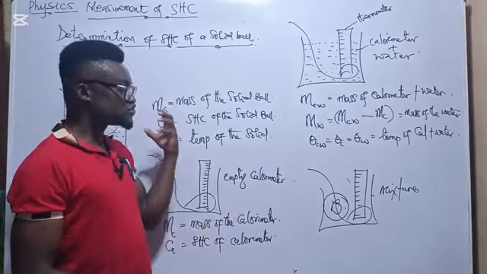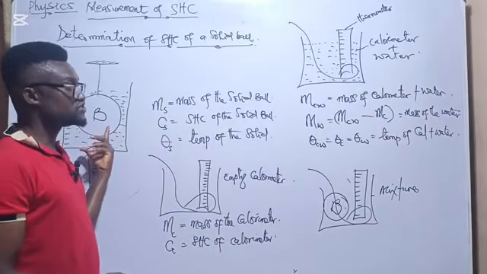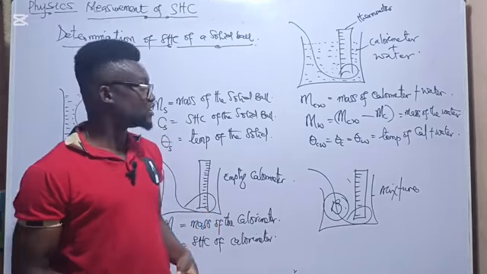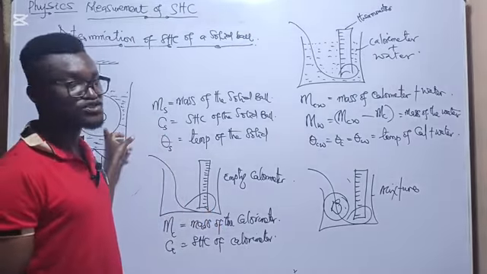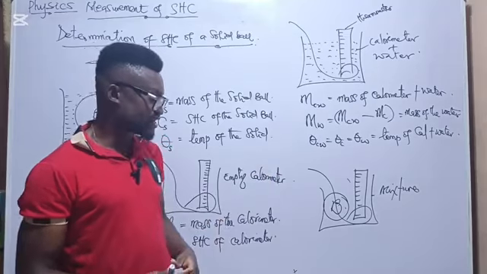So the moment you transfer this very solid, the hot solid, into maybe warm water or cold water, you will observe that the heat will now be transferred from the solid to the liquid and the calorimeter.